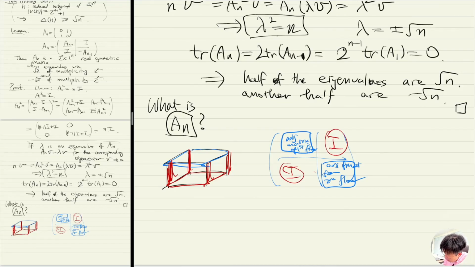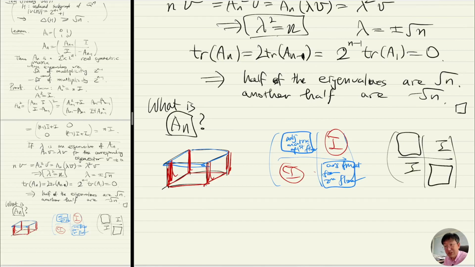So the adjacency matrix of the cube can be written using the adjacency matrix of the smaller cube together with the identity matrix. If you look at the construction of A_n, it is really like the adjacency matrix of the cube, except you have a minus sign here.